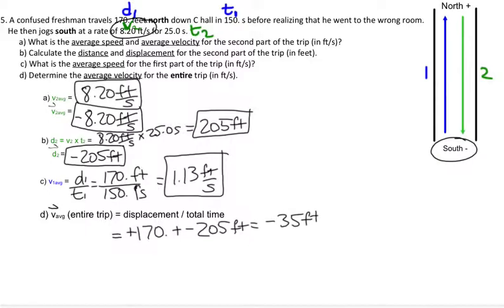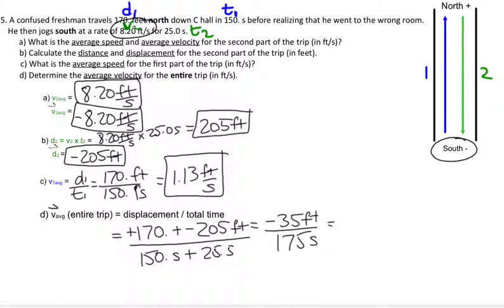But what's the total time? Well, the kid was running for 150 seconds to start with, and then another 25 when he ran back down again. So that is 175 seconds.